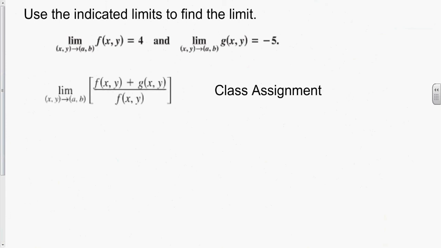All right, you should just get negative 1/4, right? Okay, very good. You see that? That's just 4 minus 5 divided by 4.